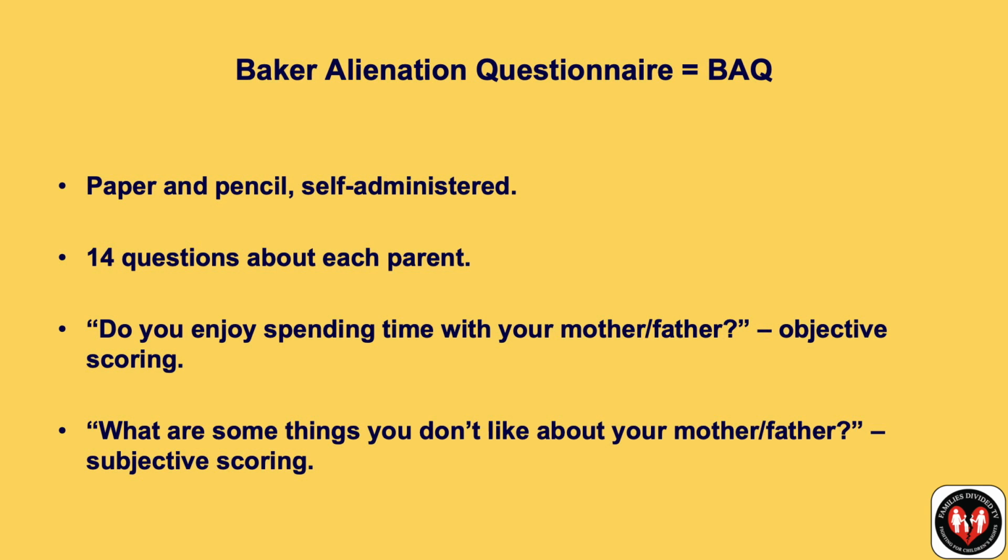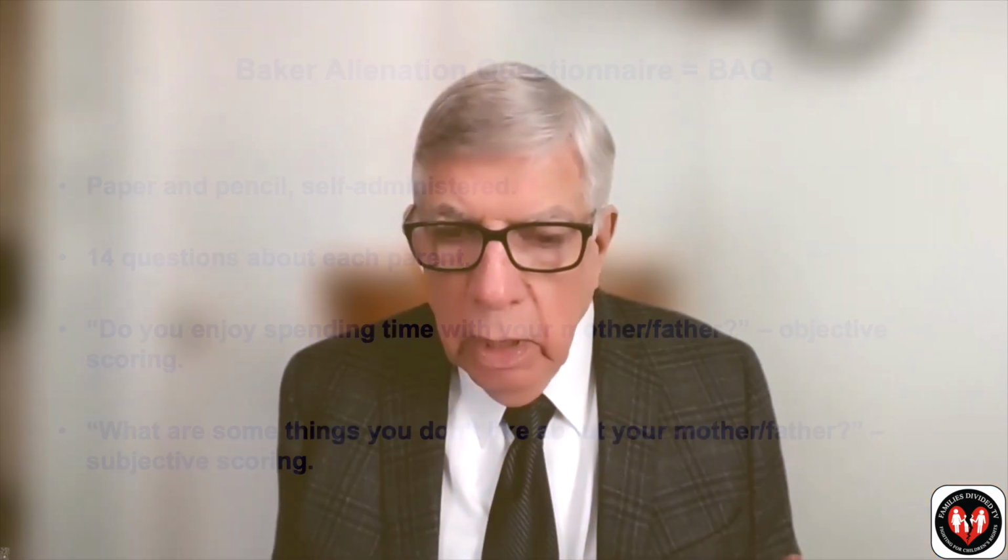And these are very simple questions. For instance, do you enjoy spending time with your mother or your father? So that's easy to score. That's either yes or no. So that's scored objectively. Some of the questions are scored more subjectively by the evaluator. For instance, what are some things you don't like about your mom or your dad?